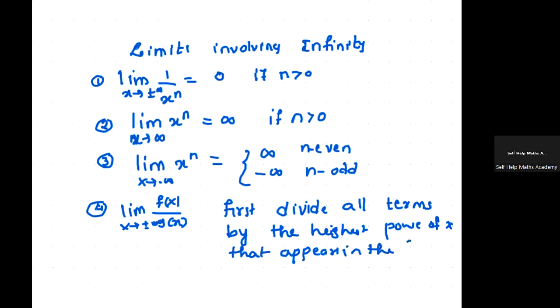So what we do is, whenever it's a rational function, we will just see what is the highest power in the denominator, and then we will divide all the terms by the highest power of the denominator.